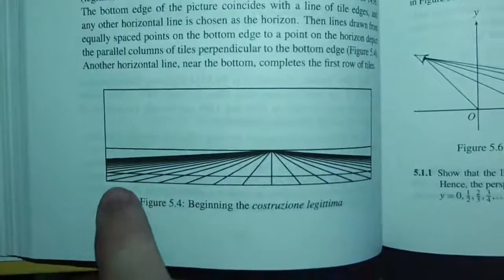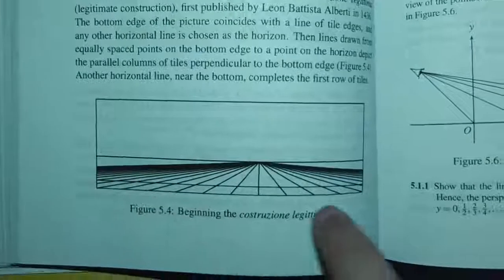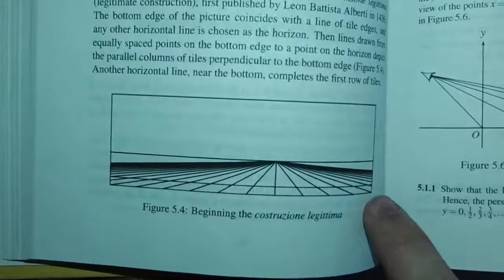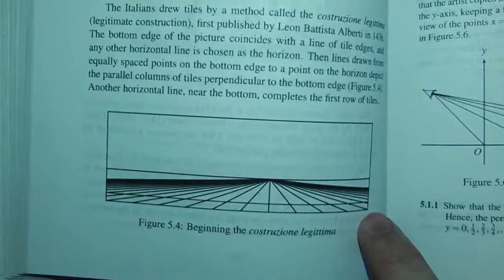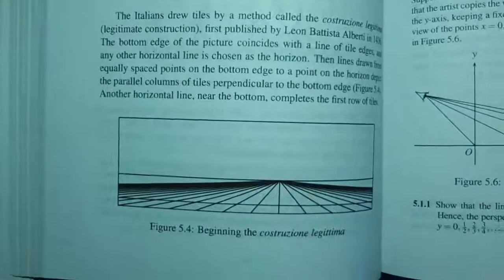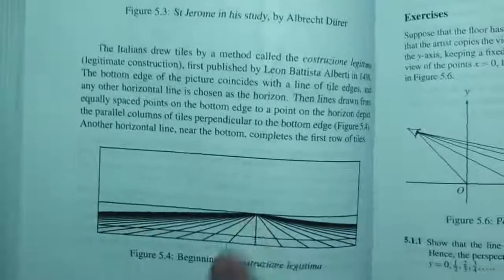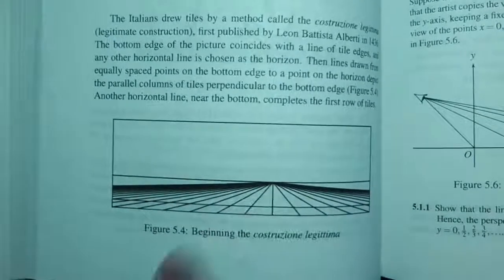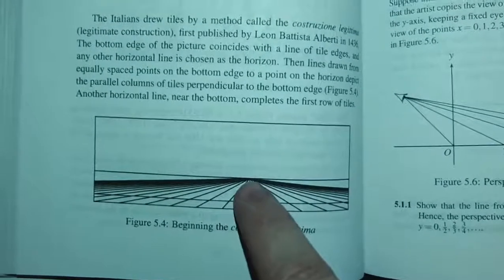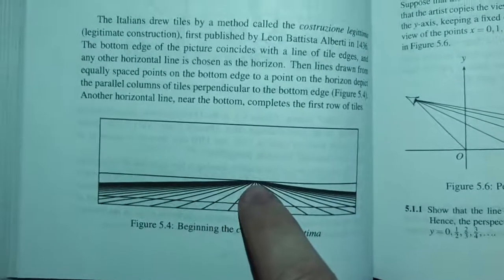So at the bottom of this segment, you have equally spaced points. Then what you do is select a point here on the horizon, and you connect those equally spaced points to that point.